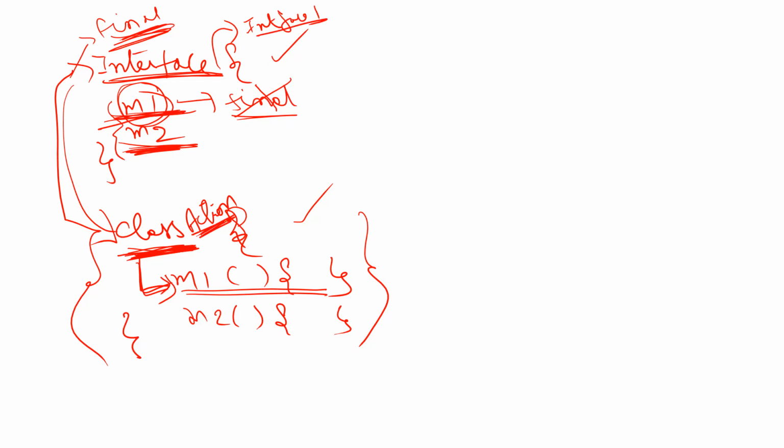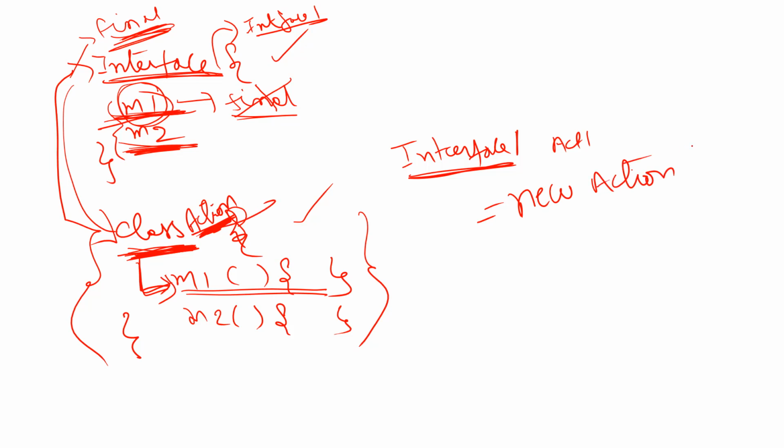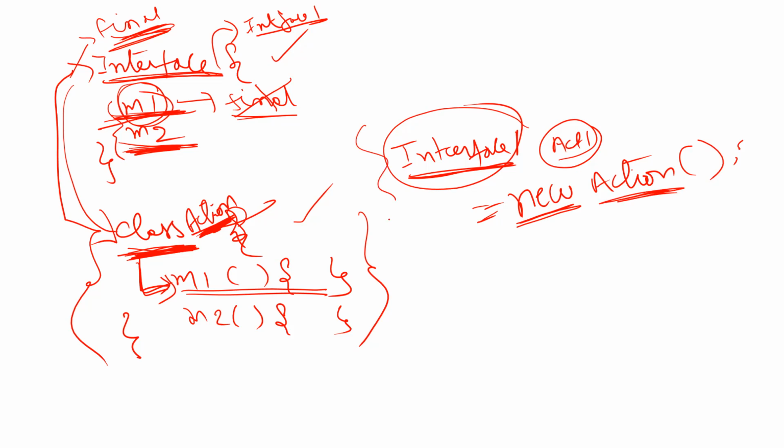Now if I want to create an object for this one, I will say interface 1, that means the name of the interface, and the object name, let's say act1 equals new action. So we normally do it this way when a class is implementing an interface. We use the interface name, interface 1, then the object name equals, we use the new keyword and the class name. So this is how we create it.